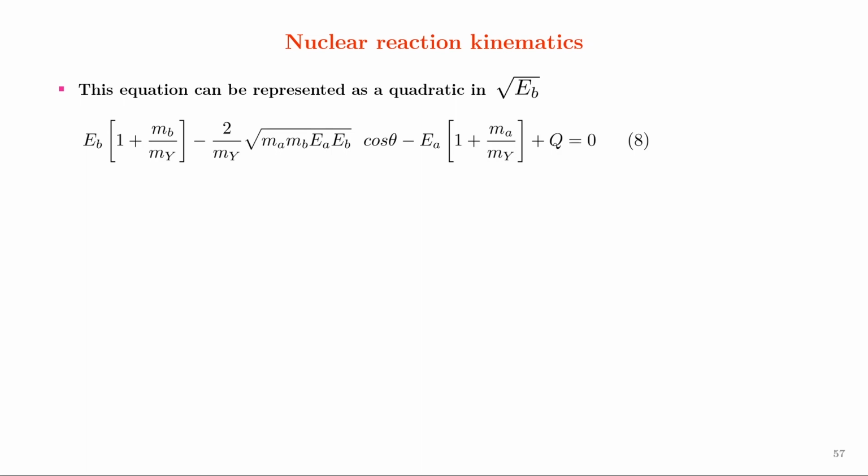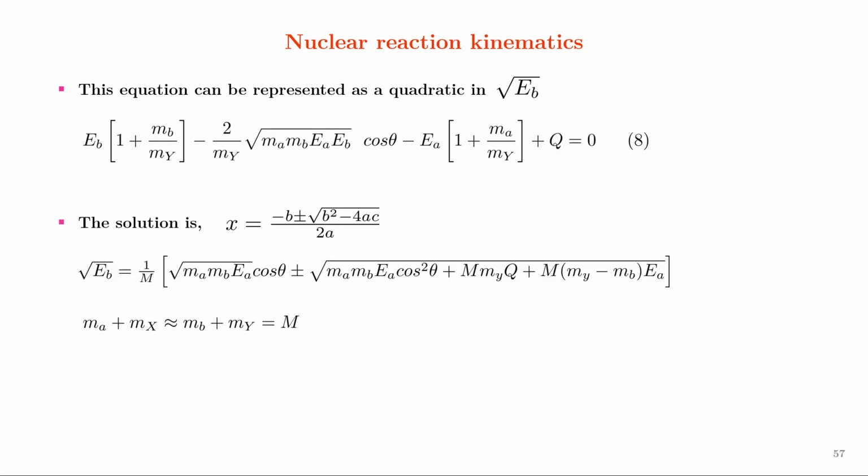When we do that, we get equation 8. The solution of a quadratic is x equal to minus b plus or minus square root of b squared minus 4ac, over 2a. When we do that, we can find square root of EB as given by this equation.